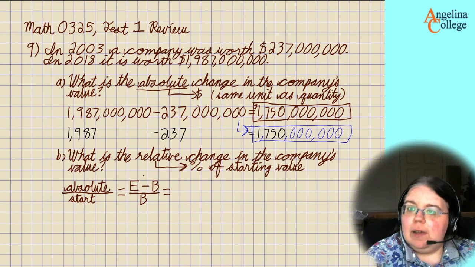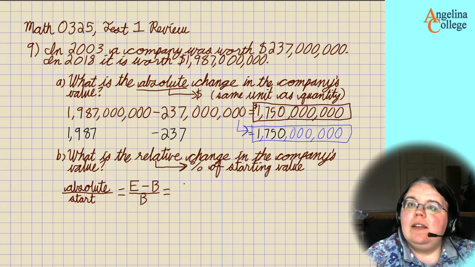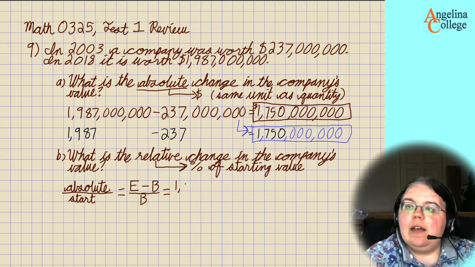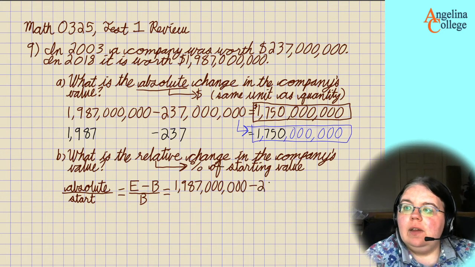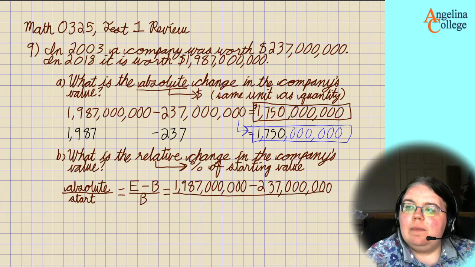So from here we can just plug these values in. So that ending value of 1,987,000,000 minus 237,000,000 and then divided by 237,000,000.